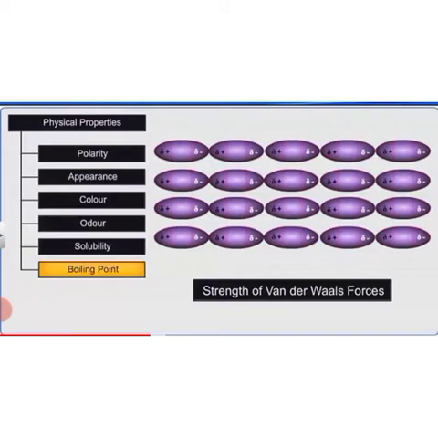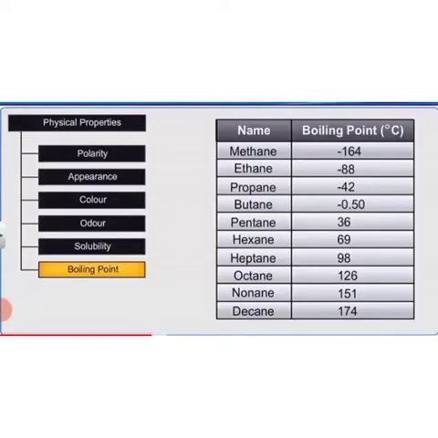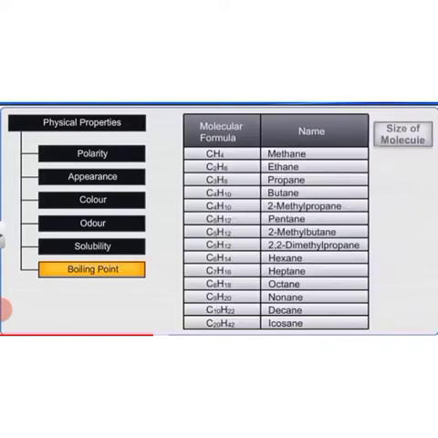This force is very sensitive to distance. Hence, for a strong force of attraction, the molecules need to be held close together. However, in alkanes, because of their non-polar molecules, the van der Waals forces are weak, and hence, their boiling points are much lower than expected. As the size of a molecule increases, its surface area increases.